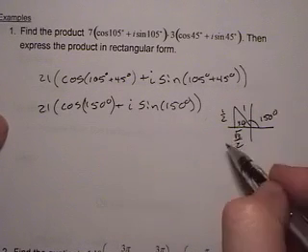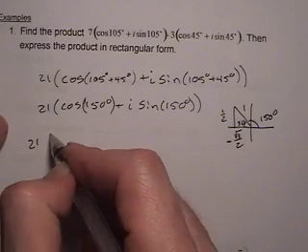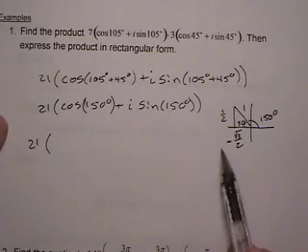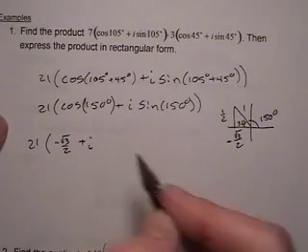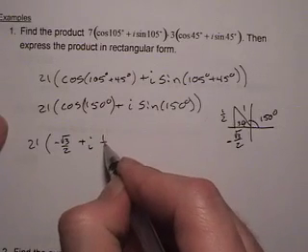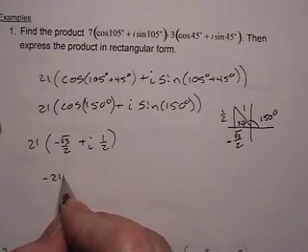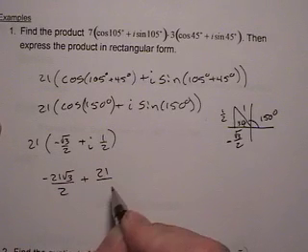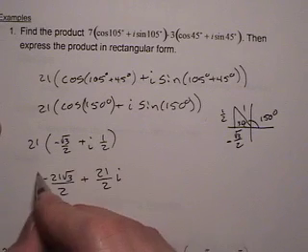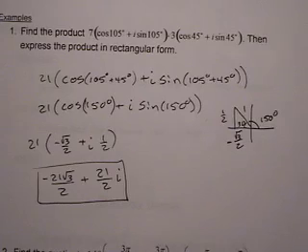Cosine is negative here, so 21 times cosine of 150 is negative rad 3 over 2. Sine of 150 is just a half. Multiply through, so I get negative 21 rad 3 over 2 plus 21 half i. And there's rectangular form.